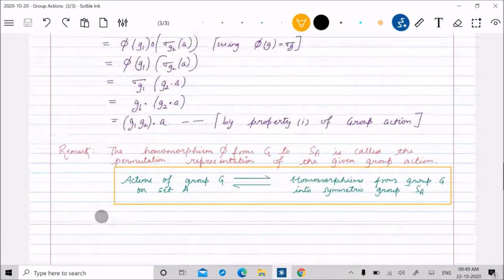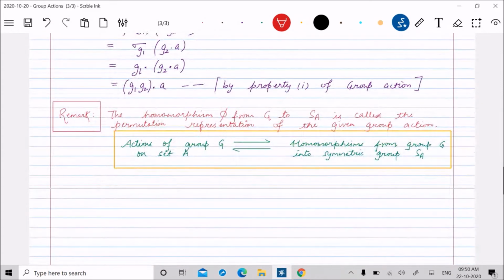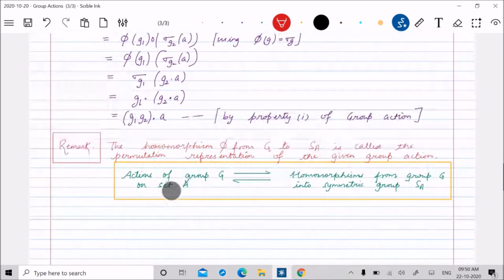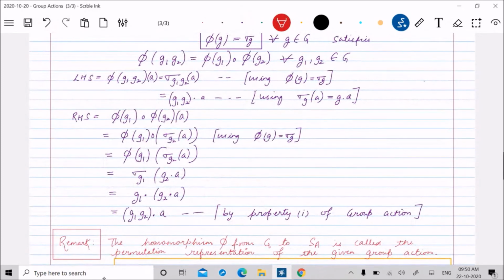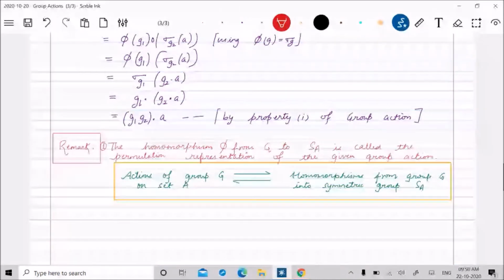This is a remark, very important. And now we should proceed further to define a few more terms, like a faithful action. And what is a faithful action? I should write that. I should make a remark of this point, and it is a small point. This is remark number 1, and this is remark number 2, right here.